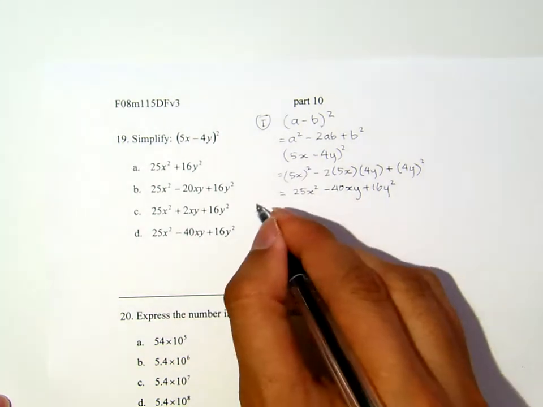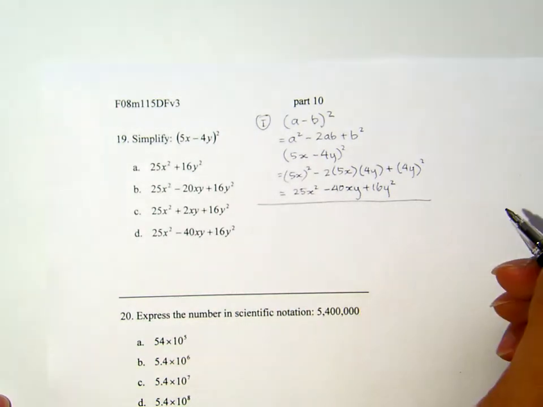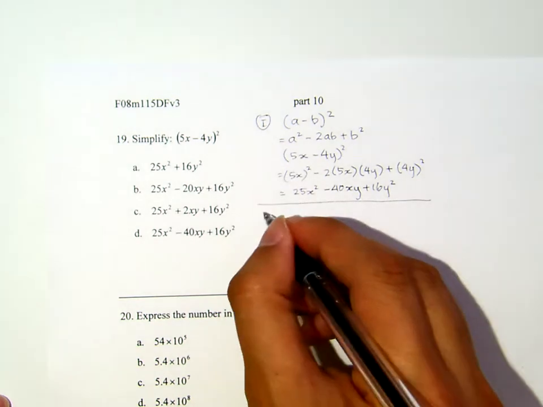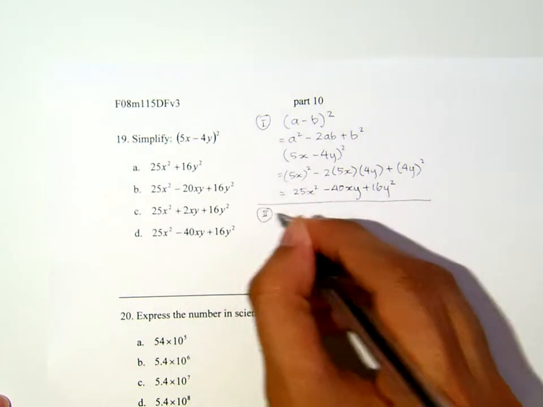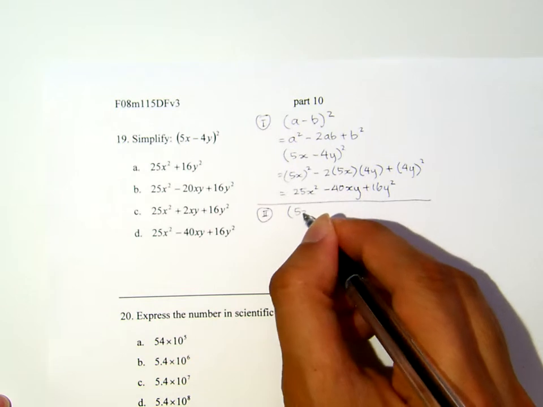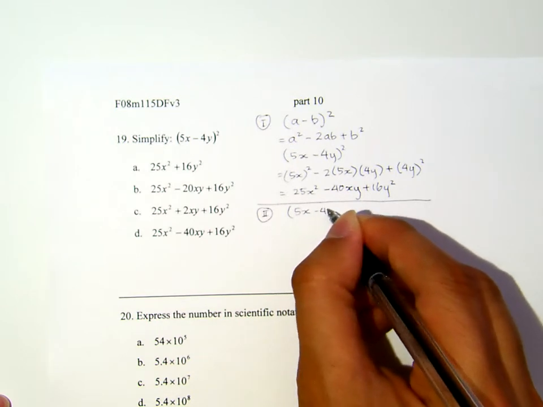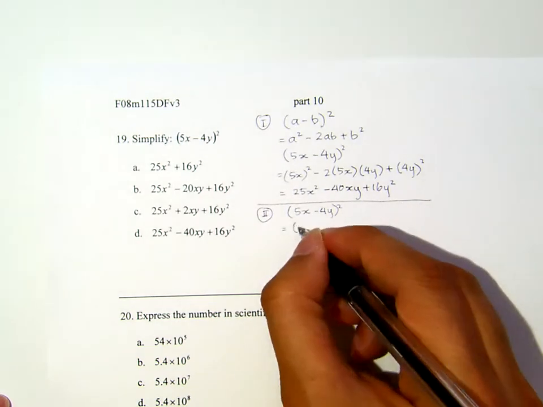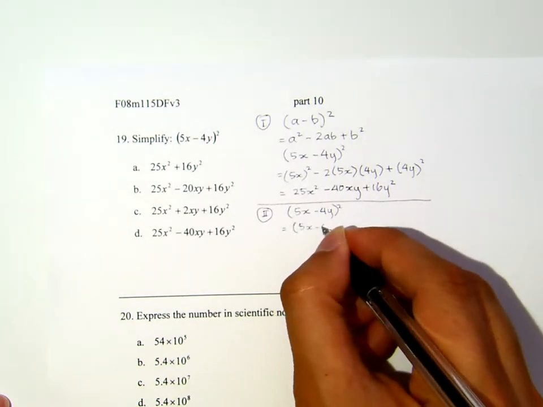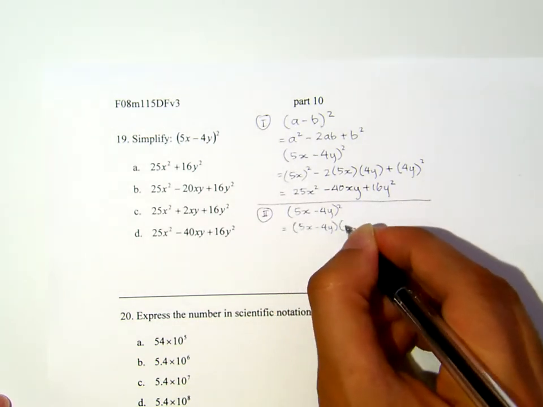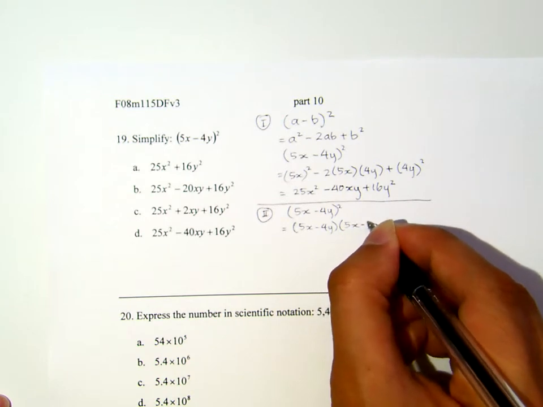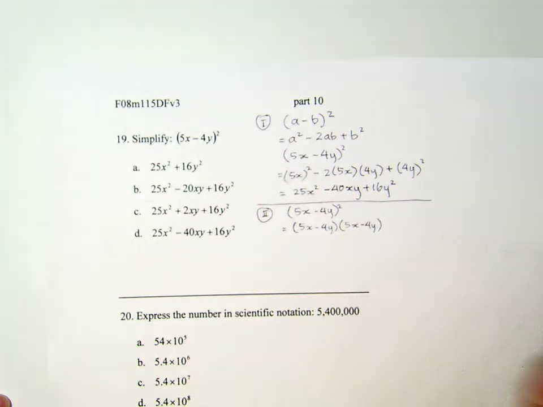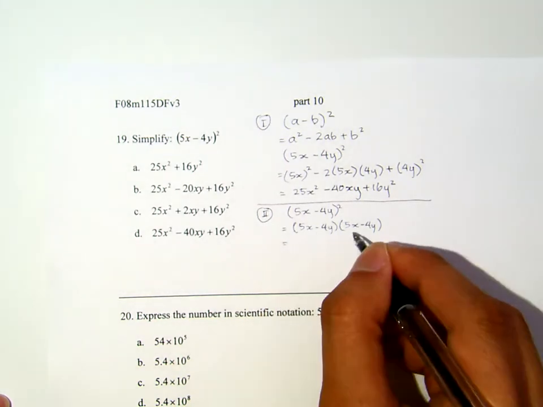However, some students without a strong background, or maybe with no confidence in that answer, can do it another way, by rewriting this perfect square into a product of two binomials. And then from here we do the FOIL.